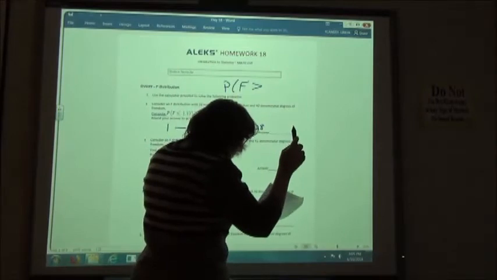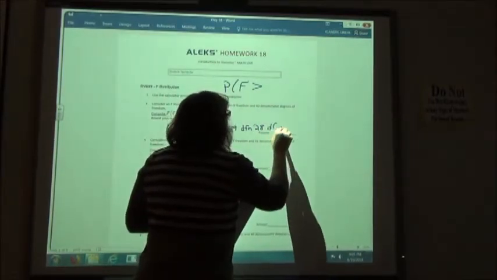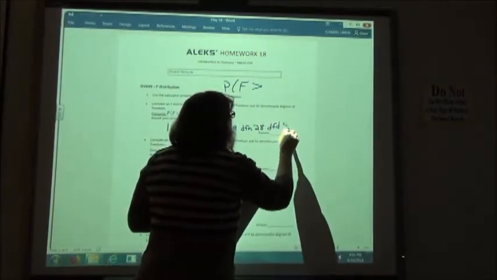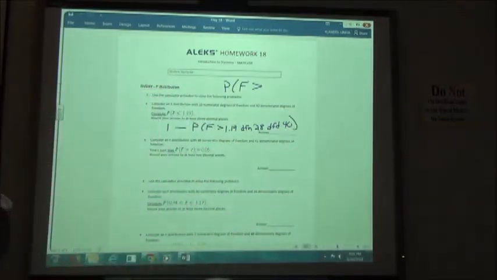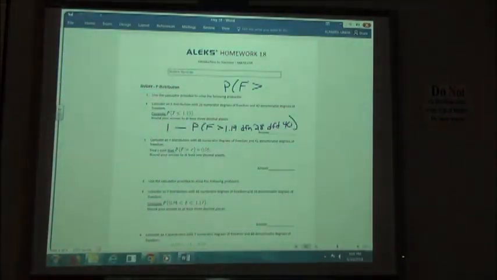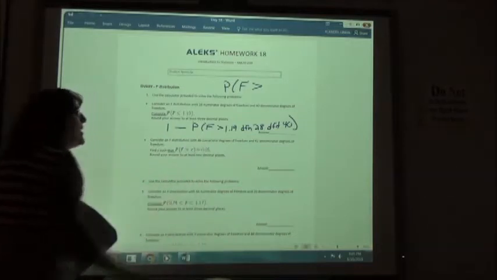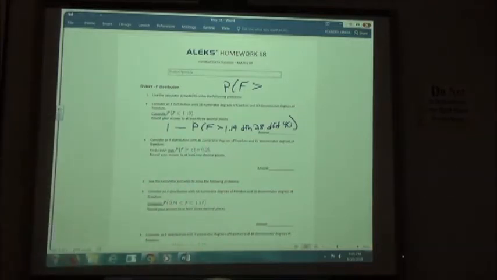And then you'll have DFD, degree of freedom for the denominator, which is your 40. On the t-test, we just had that 1 degree of freedom, and same thing with chi-squared. For your F-test, you have both a numerator and denominator degree of freedom. You'll see why later. So that's what we're going to punch into our Alex calculator, and we're going to get our answer to 3 decimal places, it says.